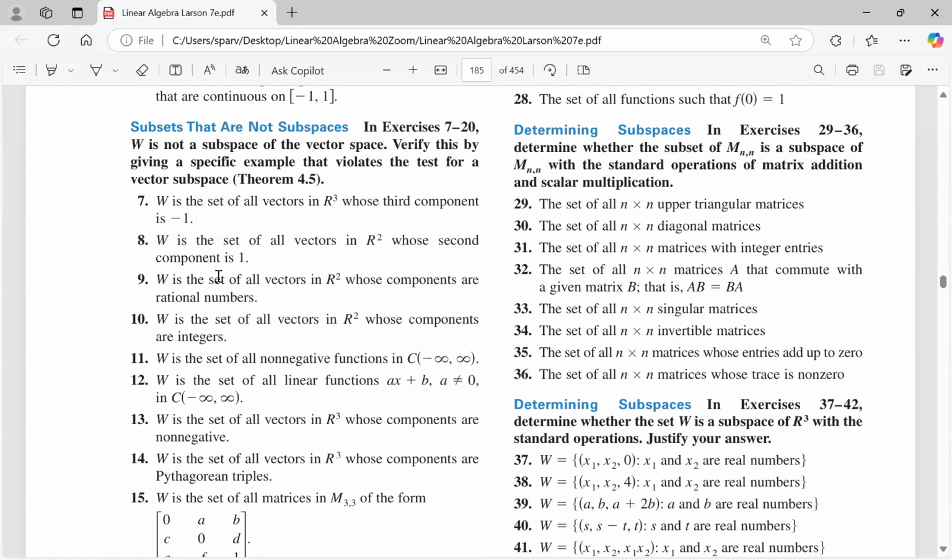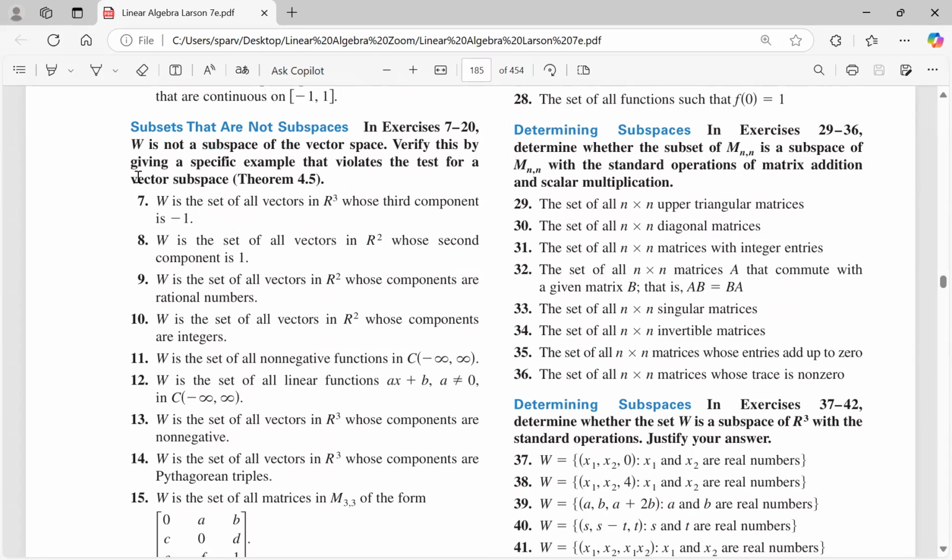Now, in this segment, these are subsets of the vector space that are not subspaces. Problems 7 through 20, so you have about 14 of these, including 7 itself. In this segment, W is not a subspace; we're told it's not. Now, he wants to say why it is not.